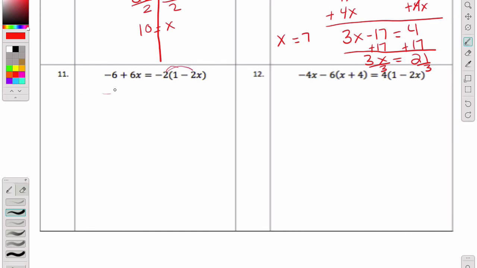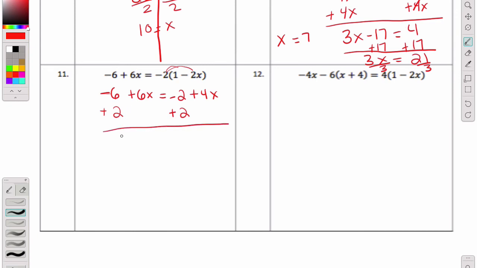I'm going to rewrite it as negative 6 plus 6x equals a negative 2 plus 4x. Remember, negative times a negative is always a positive. Now I have the parentheses out of the way. Now I can make 0 and get all of my terms and like terms to one side. So I'm going to add 2 to both sides first.